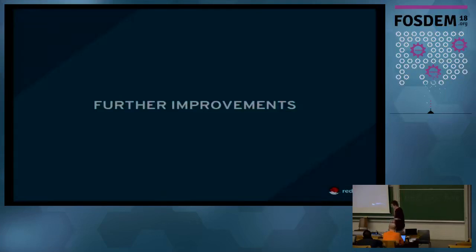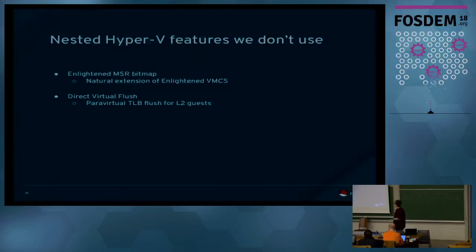So what else? What's left if you read the spec? We have a couple more features which we are not implementing in Linux yet. The first is the enlightened MSR bitmap. It's a thing where, when you run the virtualized guest, you can create a page with bits for all MSRs.